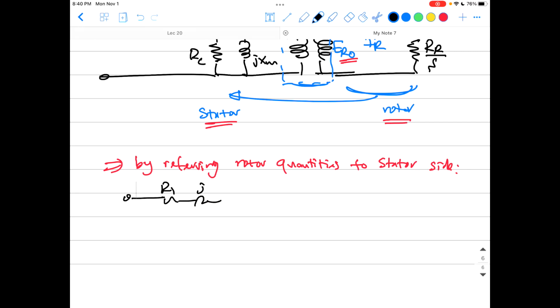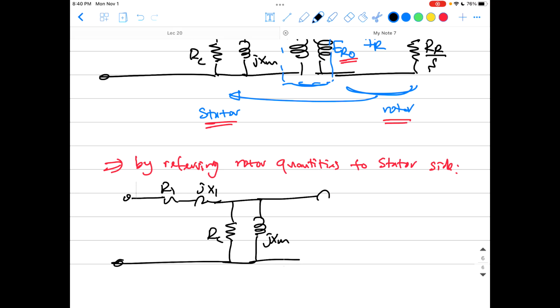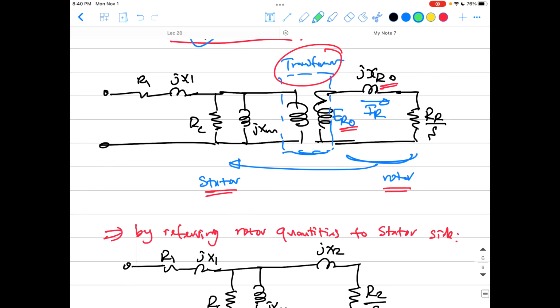It's R1 plus JX1, which is the stator, we're not playing with it, RC, JXM, and now we get rid of the transformer and we have now the reactance of the rotor JX2 and the resistance R2 over the slip. And now there is no this transformer. This transformer now is cancelled. But this happens only if we did this referring of the rotor quantities to the stator quantities.